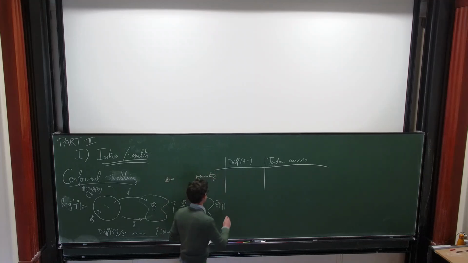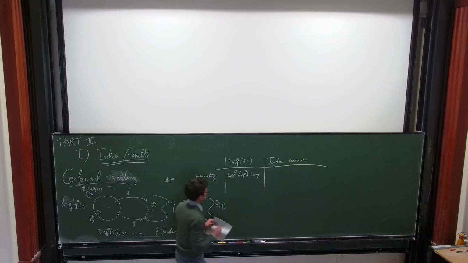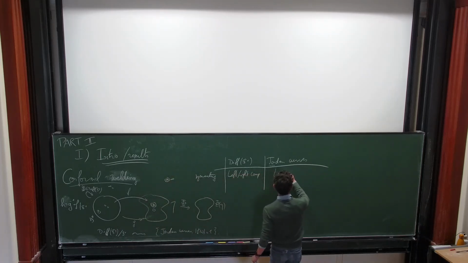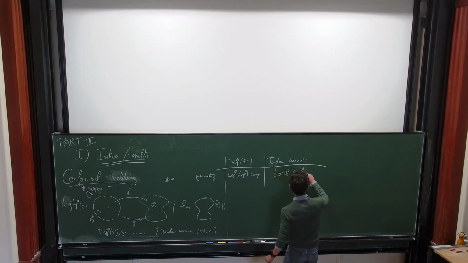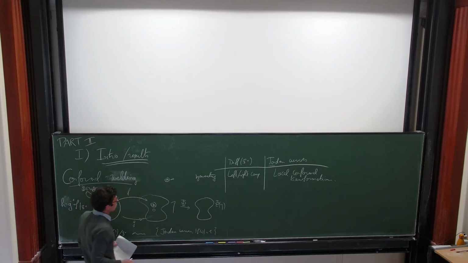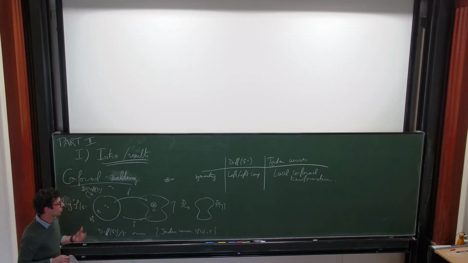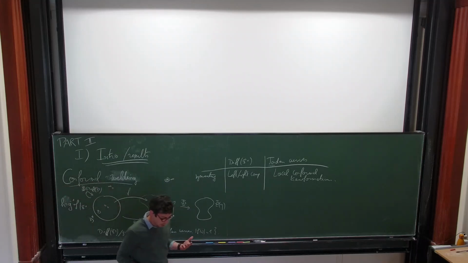Symmetry would be just left or right composition on the left, and on the right, I have local conformal transformations. And so now you can think of having symmetry. So can I have invariant coordinates in this? And in particular, do I have invariant measures?